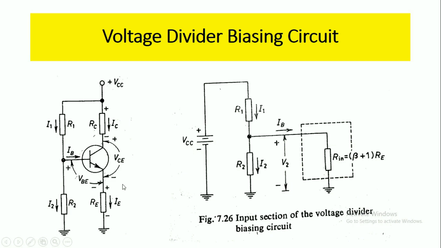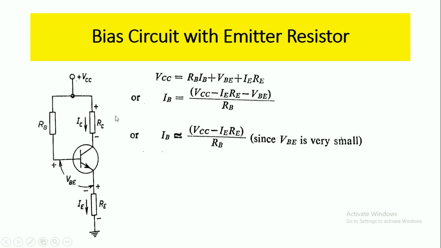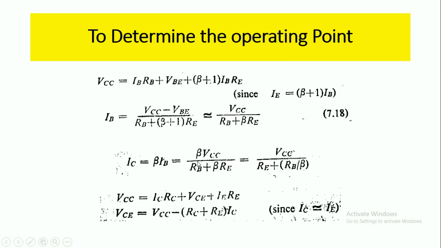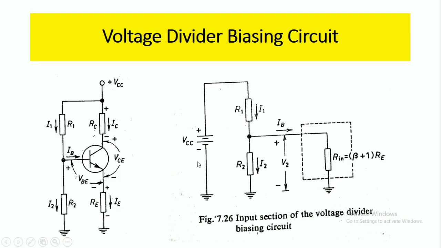When you compare this voltage divider biasing circuit with the previous circuit, the bias circuit with emitter resistance, here we have an additional resistor connected between the base and the ground. The name voltage divider comes from the voltage divider formed by the resistances R1 and R2.